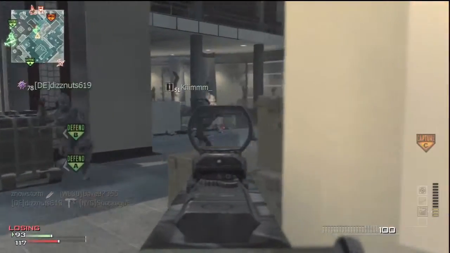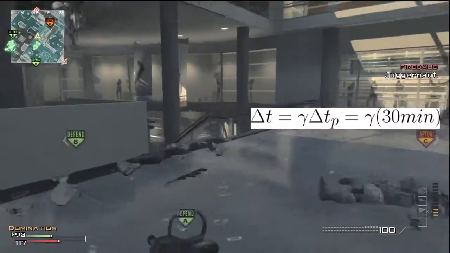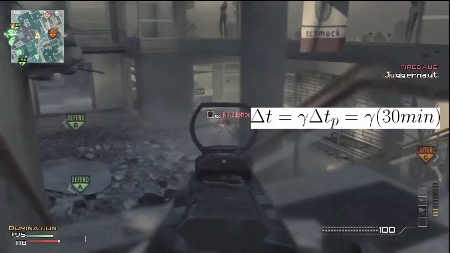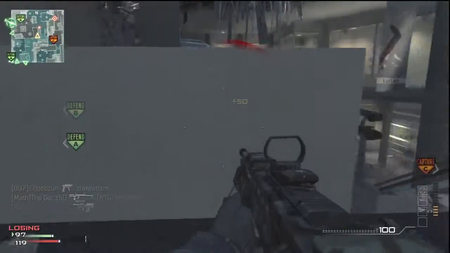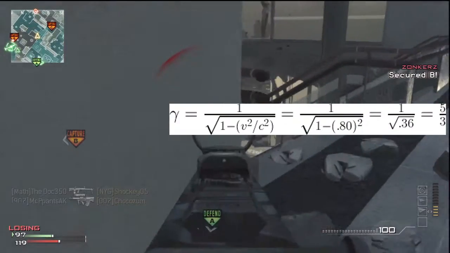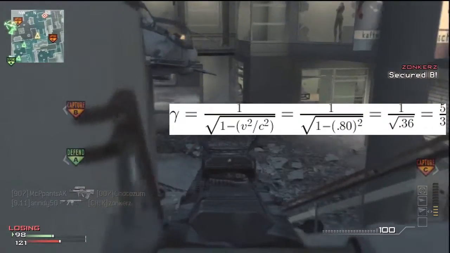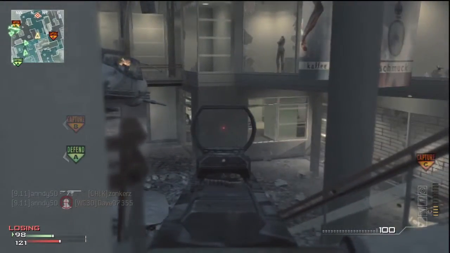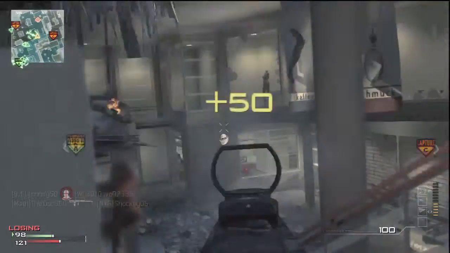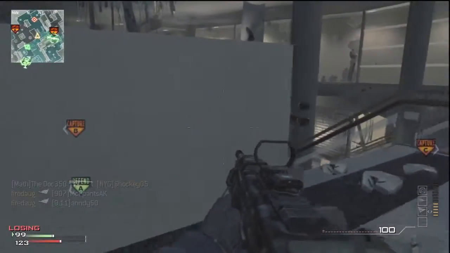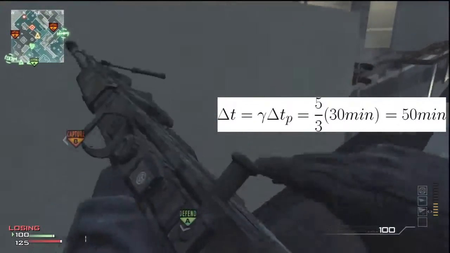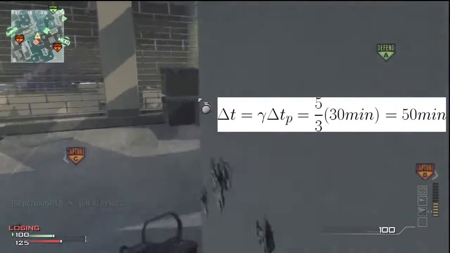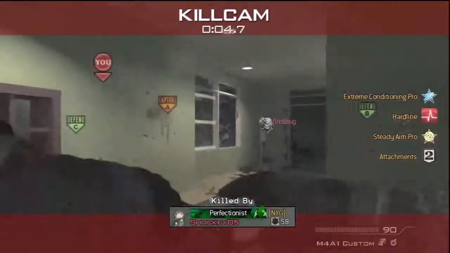So we have this equation, delta t equals gamma delta tp, and then we plug in everything and solve for gamma, so we get that ugly thing. And look at that, we get a scalar of 5/3 at the end. So we plug that into 30 minutes, and the difference between the events observed is 50 minutes. So it's 20 minutes different.